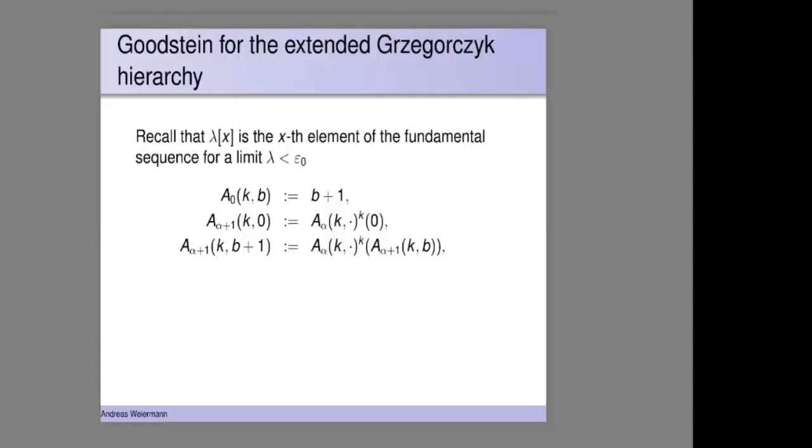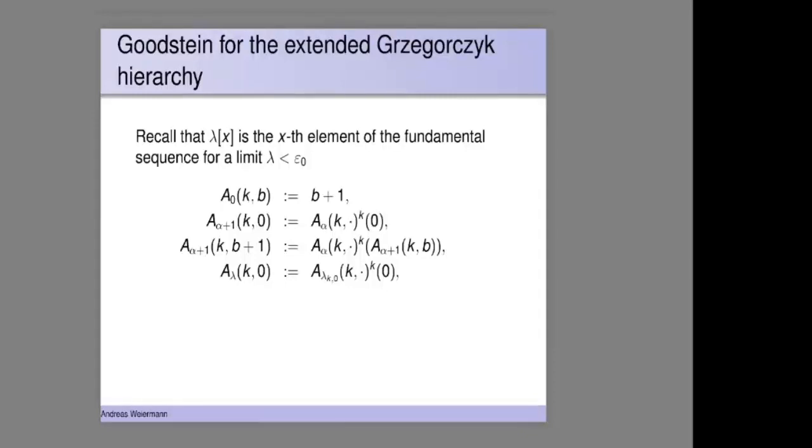I first calculate a alpha plus 1 kb by subsidiary recursion on b, and I plug it into the k's iterate of a alpha. Now I have to say what I'm doing with limits, and then I'm using the fundamental sequences. So a lambda k of 0 assumes that I have defined a alpha for all alpha less than lambda.